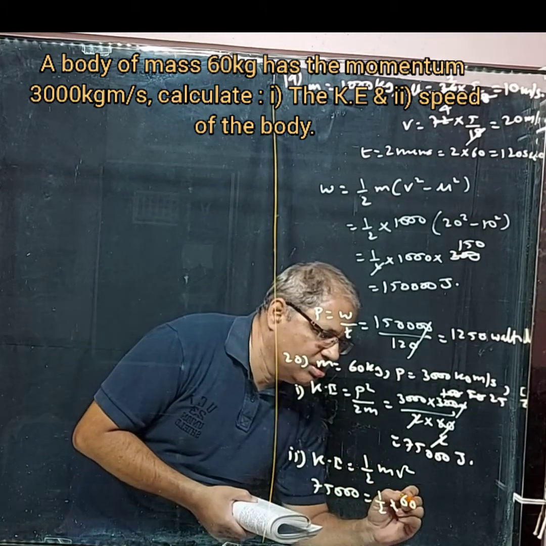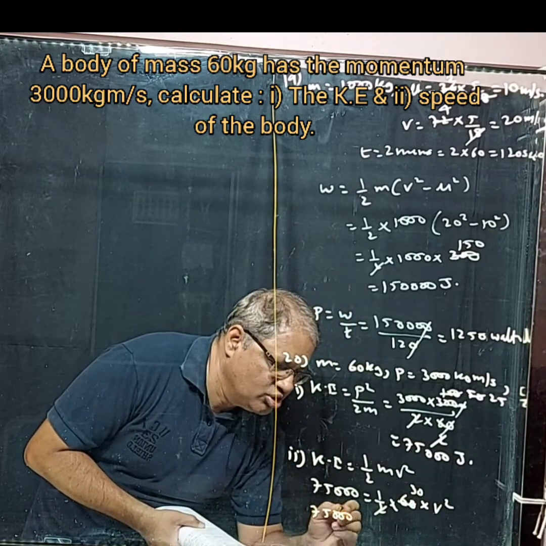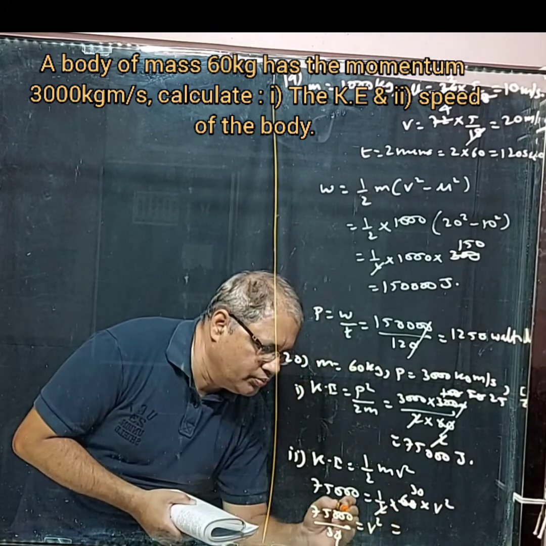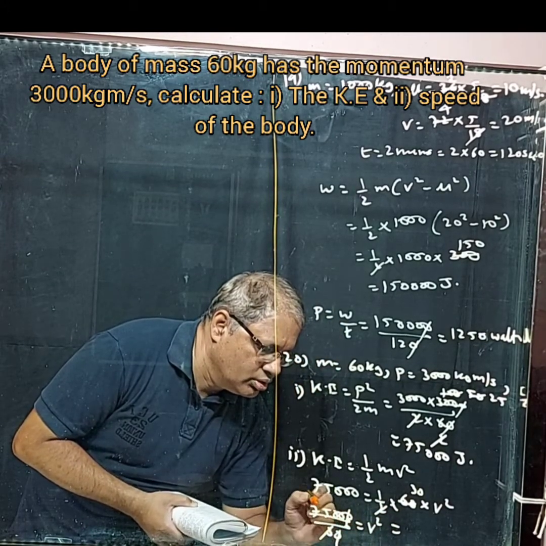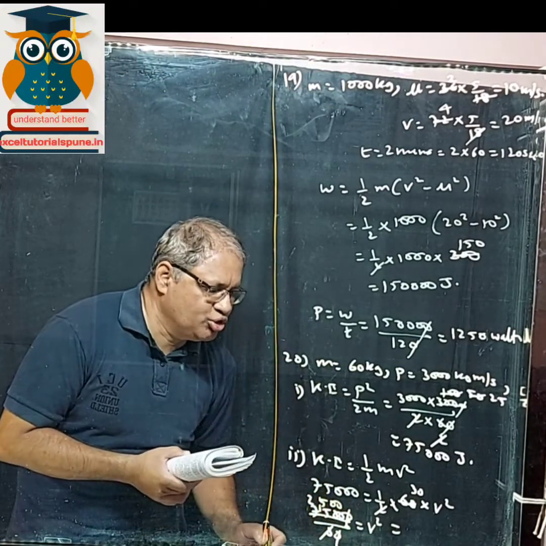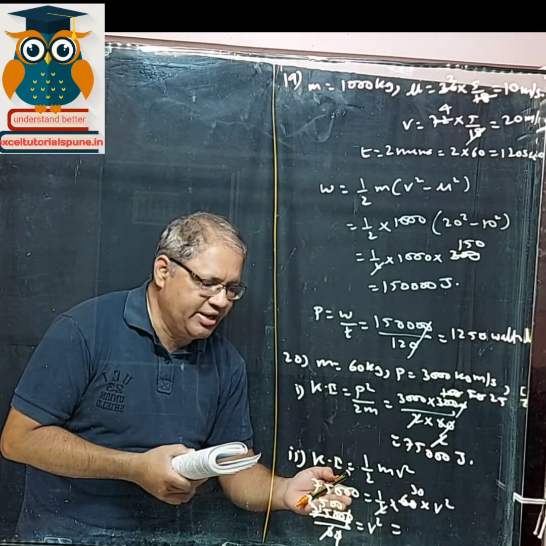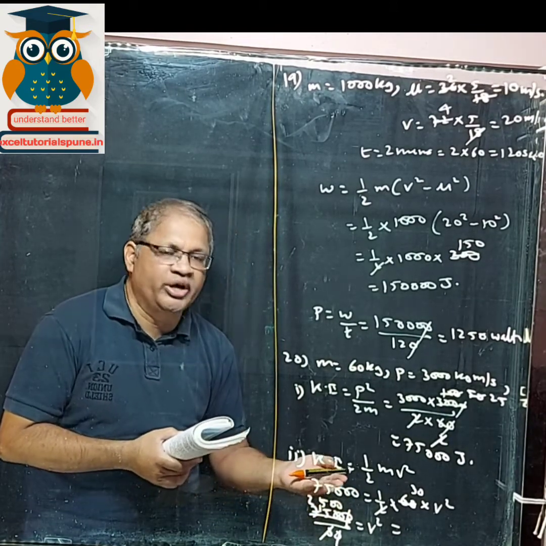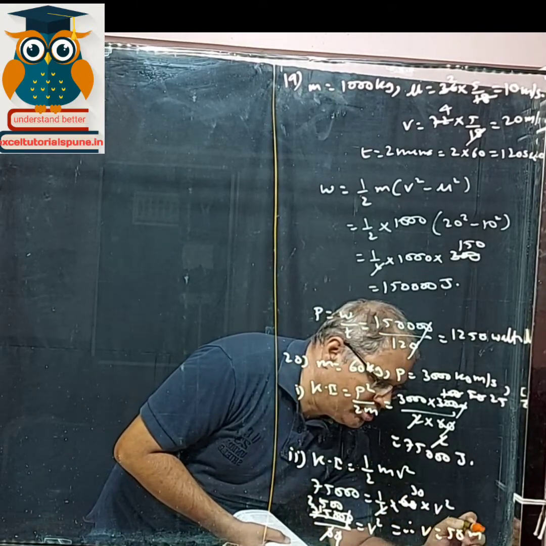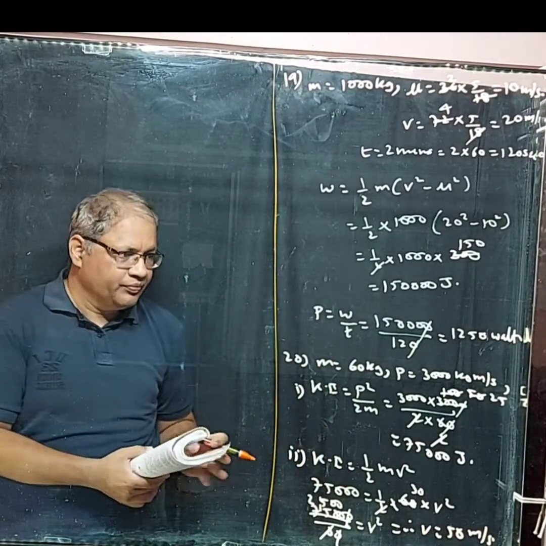Mass is 60 into v square. So 75000 upon 30 is equal to v square. So it is 2500 is equal to v square. Take a square root on both the sides. What is the square root of 2500? Therefore v is 50 meter per second. Understood? Okay, now next sum.